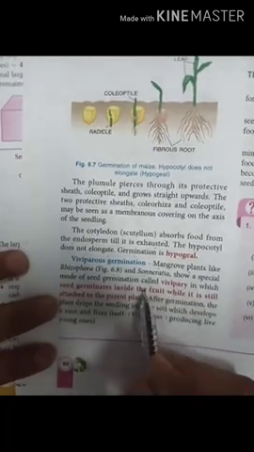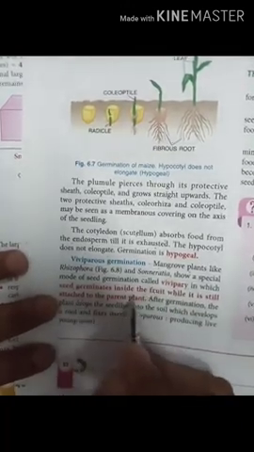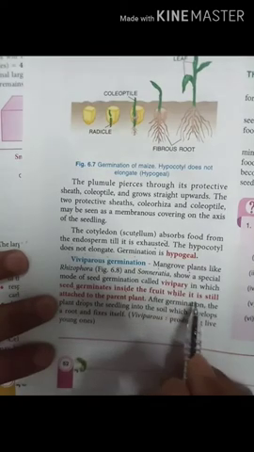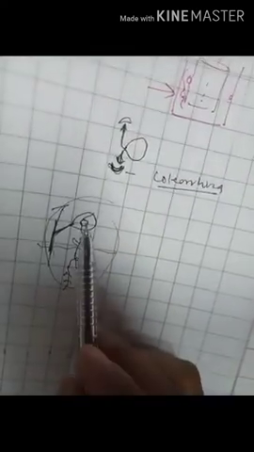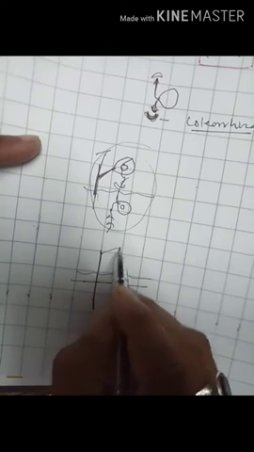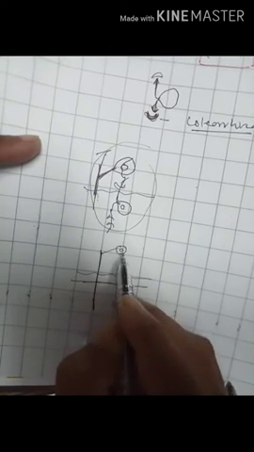So see, vivipary is in which the seed germinates inside the fruit, while it is still attached to the parent plant. So here, this is the seed. See once more. If this is the plant, and this part is covered with water, this is the fruit and the seed inside.